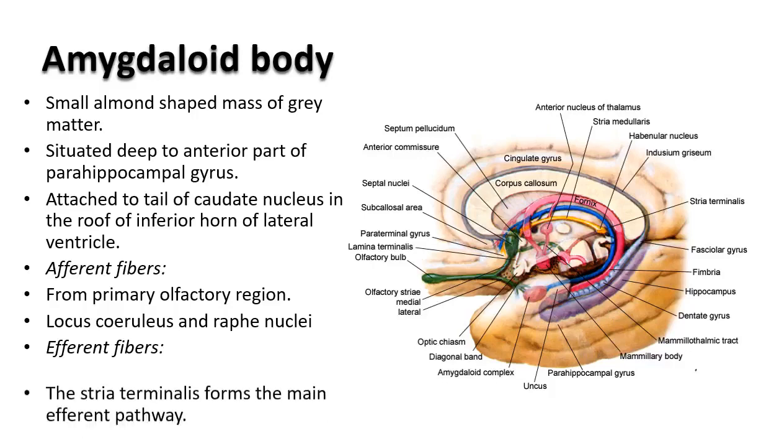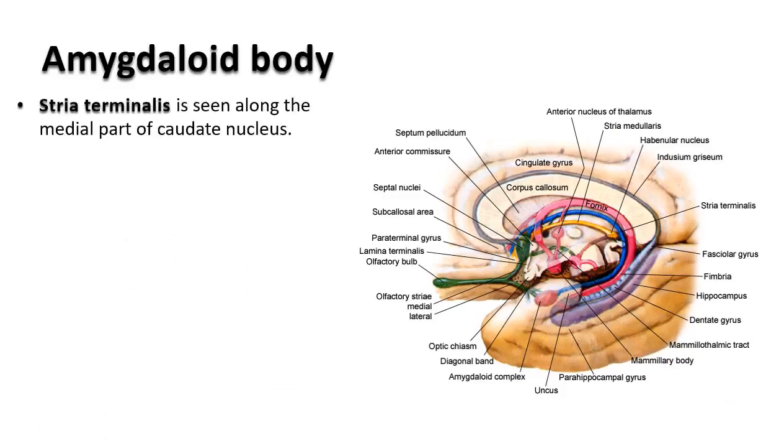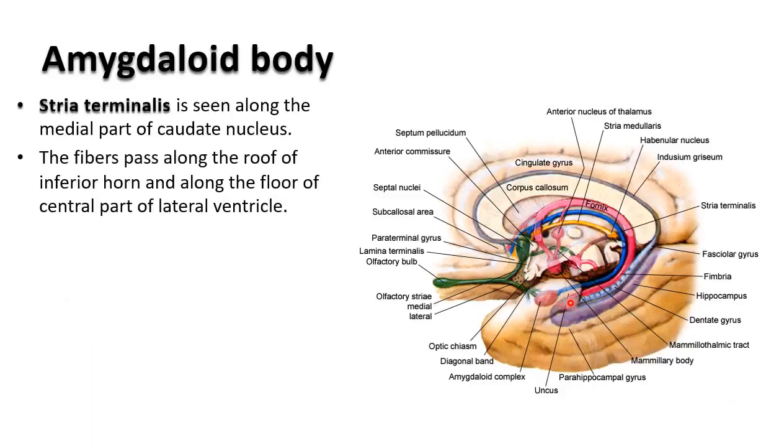Now what happens is it forms the efferent pathway seen along the medial part of the caudate nucleus and passes along the roof of the inferior horn and then the floor of the central part of the lateral ventricle. So you are able to see it passing along the floor of the central part of the lateral ventricle, seen between the caudate nucleus and thalamus.